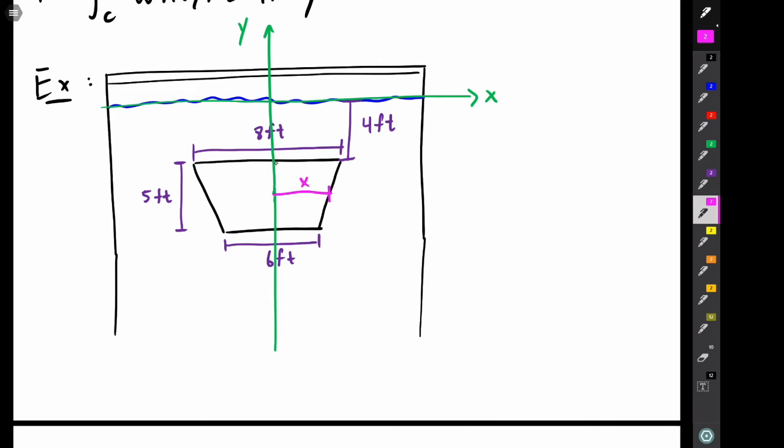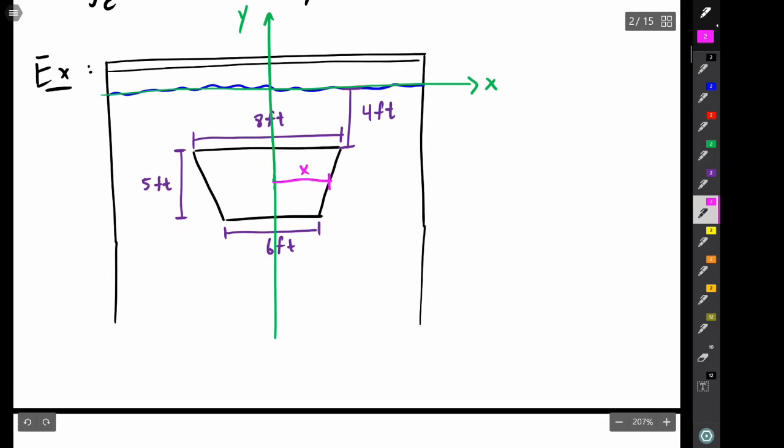Another reason we put the x-axis at the top of the water is that now the depth function is just going to be a function of y. Specifically, the height function h: if it's submerged 6 feet deep, we want the output of h to be 6.